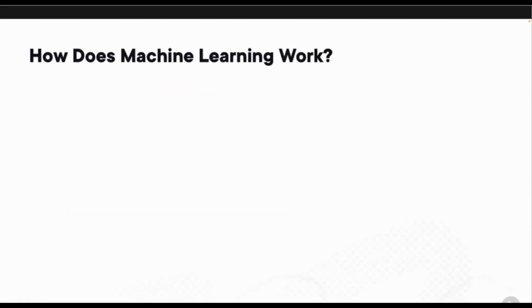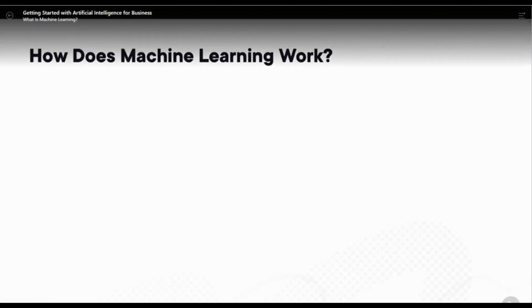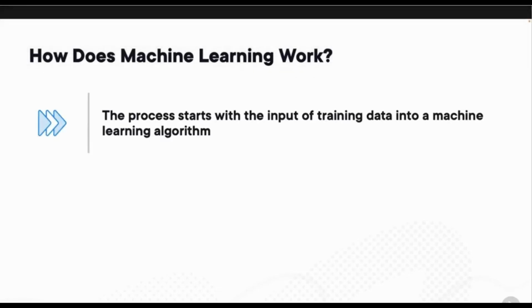So how exactly does machine learning work? The entirety of machine learning revolves around different types of algorithms and techniques. The machine learning process starts with the input of training data into a machine learning algorithm. Of course, the type of training data that is being input does impact the algorithm, and that will be covered in the next clip.